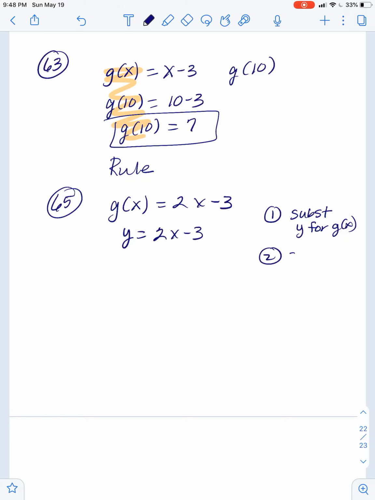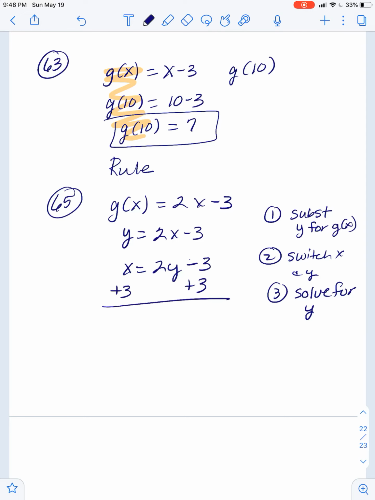Number 2 is switch x and y. Okay. 3, solve for y. So I'm going to move the 3 over. Okay, and divide by the 2.